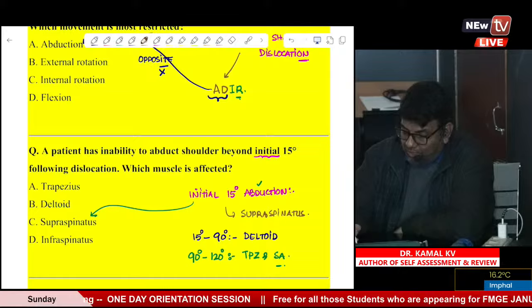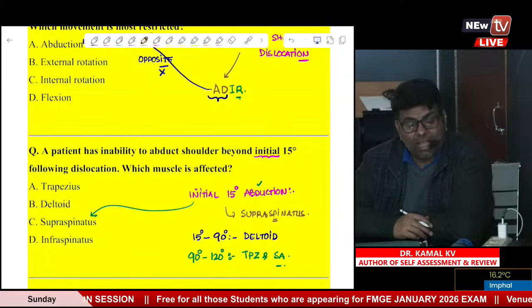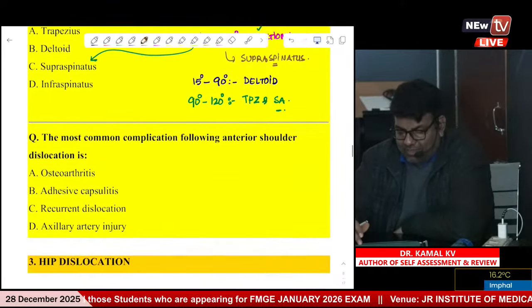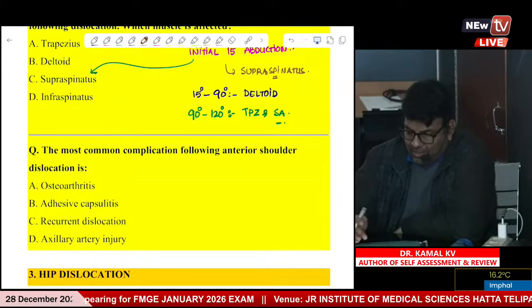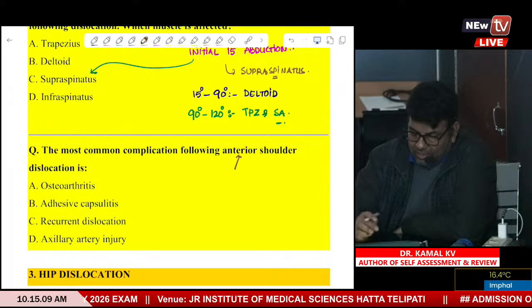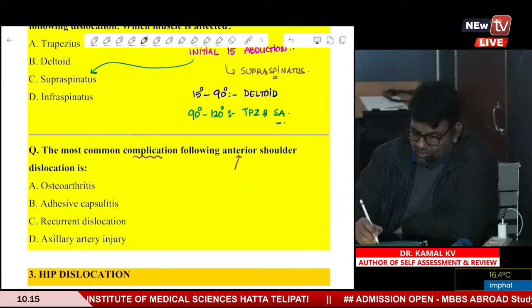So you should know which nerve is supplying supraspinatus. It is the suprascapular nerve, because muscles cannot be paralyzed until the parent nerve is paralyzed. Right? The most common complication following anterior shoulder dislocation is recurrent dislocation.